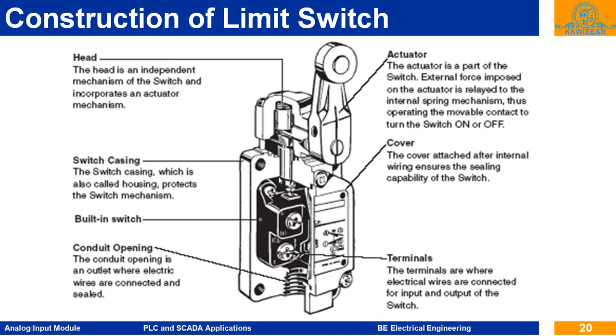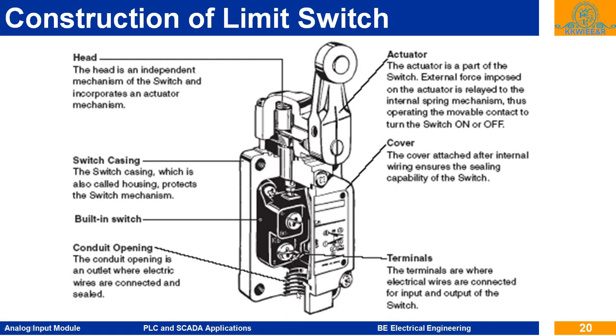Then this is the total switch casing. This casing provides mechanical protection for the element. This is the built-in switch, also called the element. Then the conduit opening: to connect the wire to the normally open and normally closed contacts, the wire opening is provided.